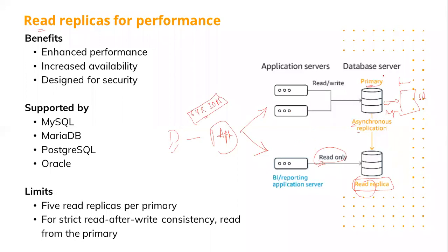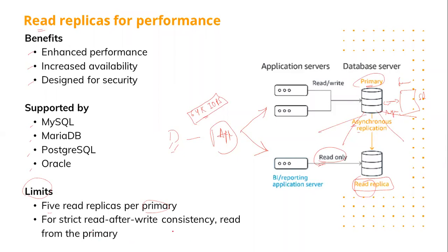Updates will happen to the primary only. So what are the benefits we have? Enhanced performance, increased availability, and designed for security. It's supported for MySQL, MariaDB, PostgreSQL, Oracle. And what are the limits we have? We can have 5 read replicas per primary. 1, 2, 3, 4, 5.